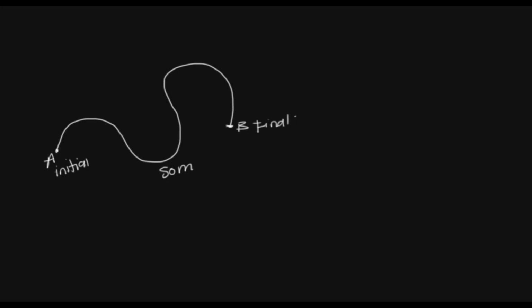The displacement will be the distance from the initial to the final, but in a straight line. So this line in green denotes our displacement.